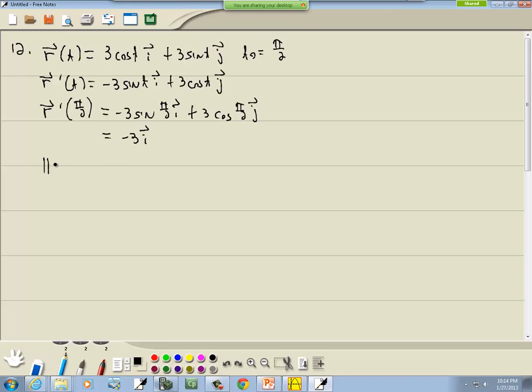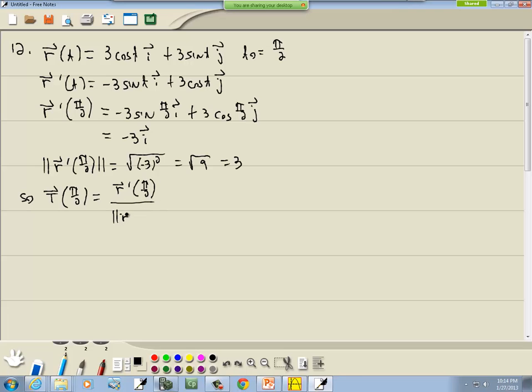So then our magnitude of r prime at pi over 2 is going to equal the square root of negative 3 squared, which gives us square root of 9, which gives us 3. So our tangent vector at pi over 2 is going to equal r prime at pi over 2 divided by the magnitude of r prime at pi over 2. Well, r prime was negative 3i, and the magnitude is 3, so that just gives us negative i.